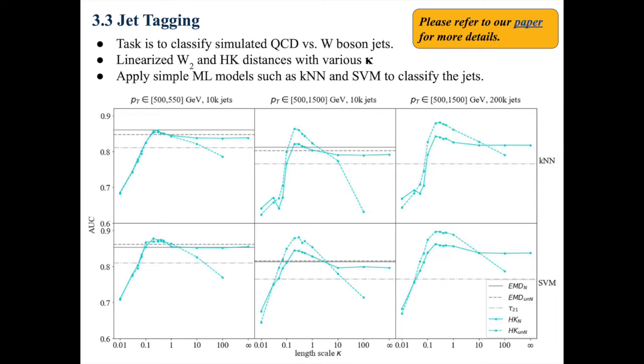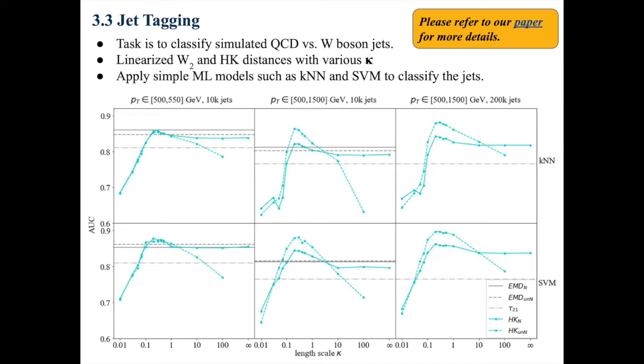So the actual procedure for the linearized OT framework goes as follows. Given a set of pre-processed jets, we first fix a reference jet, which for us is just a uniform distribution on the eta-phi plane. We then compute the LOT coordinates for each jet with respect to that reference. Finally, we feed the LOT coordinates into a classifier such as k-nearest neighbor in the first row and support vector machine, SVM, in the second row.